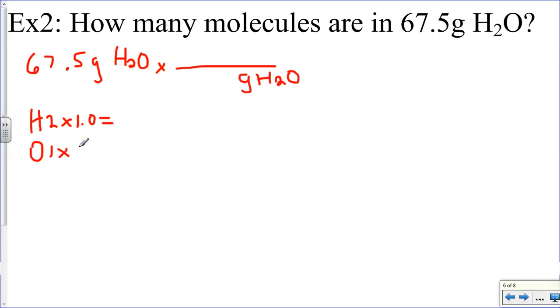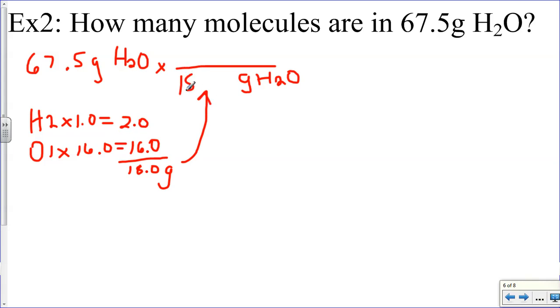Atomic mass of oxygen is 16.0. Okay, multiply, add up, 18.0 grams, and that number is going to go right here, 18.0.